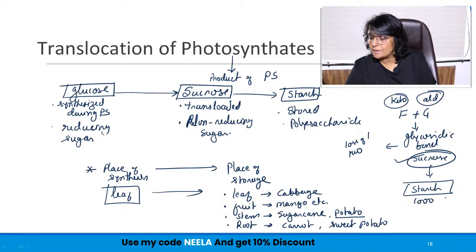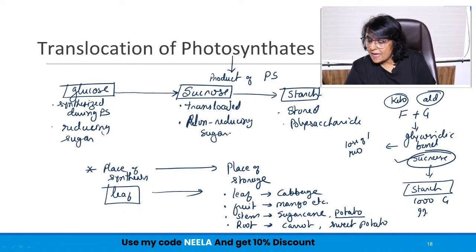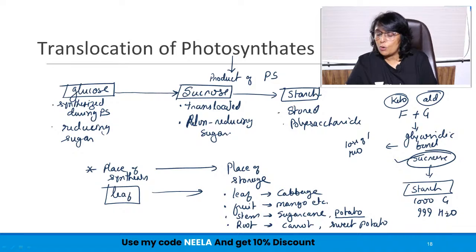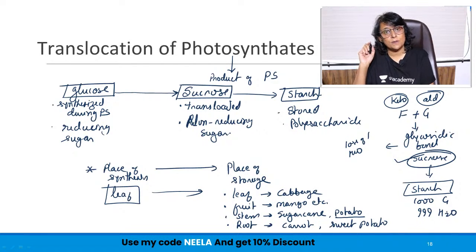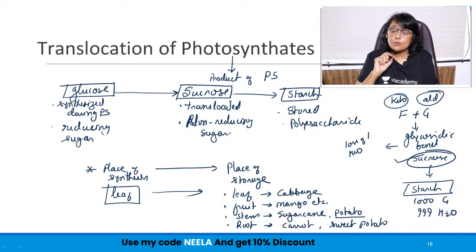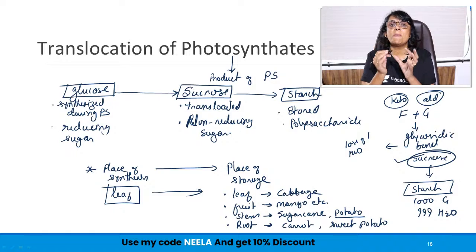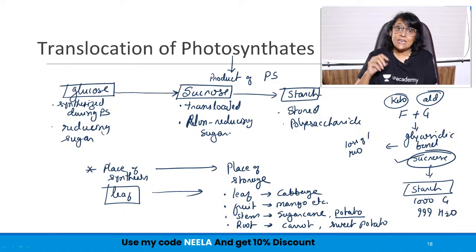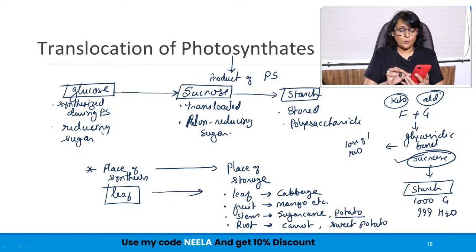So suppose there are 1000 glucose molecules which have combined by glycosidic bonds to form starch. Then in that case 999 water molecules are given out. That means 999 oxygen atoms and double of that hydrogen atoms. So a polysaccharide like starch is a compact molecule, and it is always easier to store a compact molecule. Okay, so I hope your question is answered and it is clear to you.